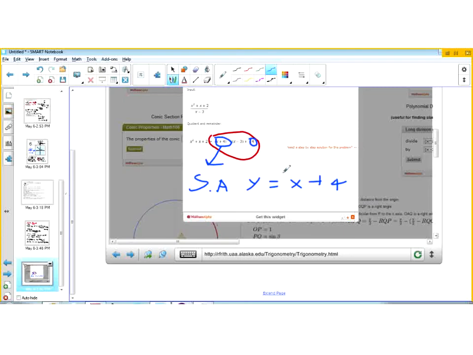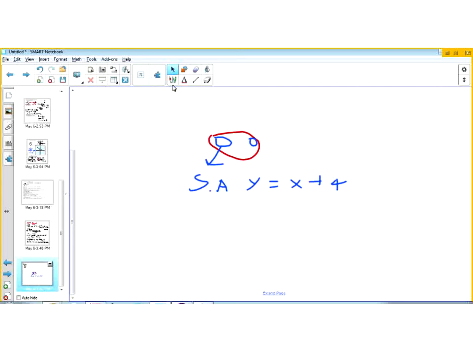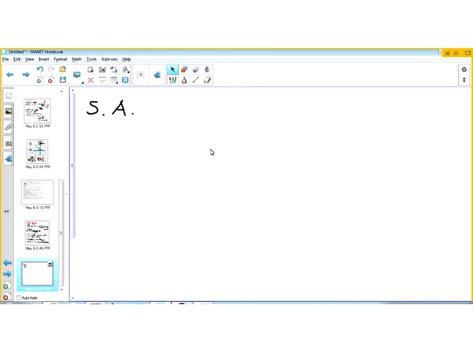Now I'll show you how you can get this result using long division of polynomials. Note that we discard the remainder. All right. So let me demonstrate this for you. Okay, so what we want to do is conduct a long division.